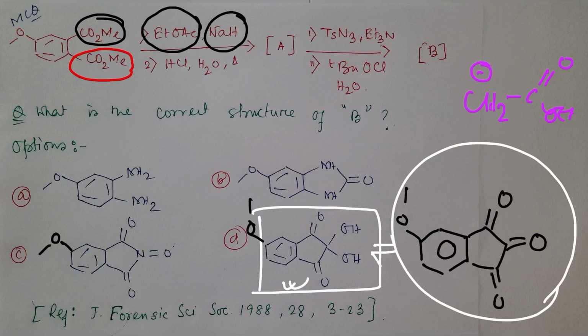By the way, if you do the wrong thing, by mistake attacking here, you will still end up with the right answer. But remember, not only in the exam, sometimes your examiner asks you to write the mechanism or do it in front of him. If you find the right answer in a wrong way, that's a negative impression. But if you find the right answer in the right way, it's a positive impression. And we have observed that the examiner has some amount of marks in hand.